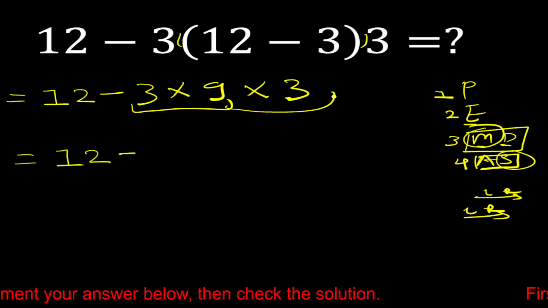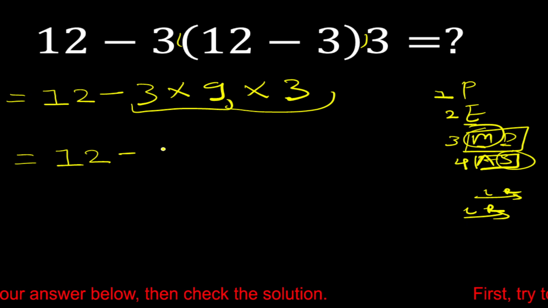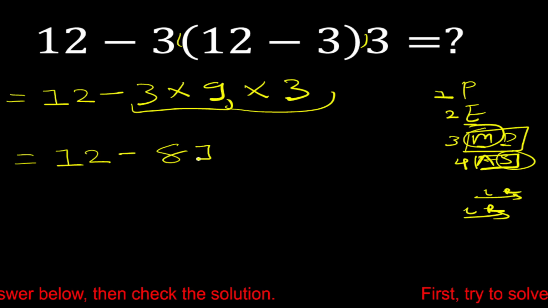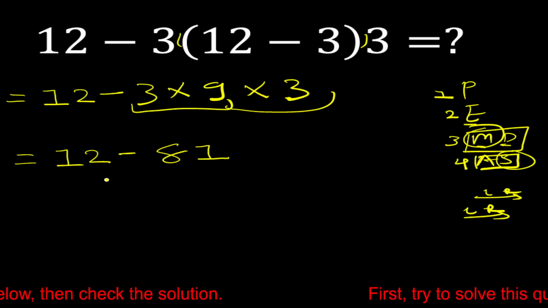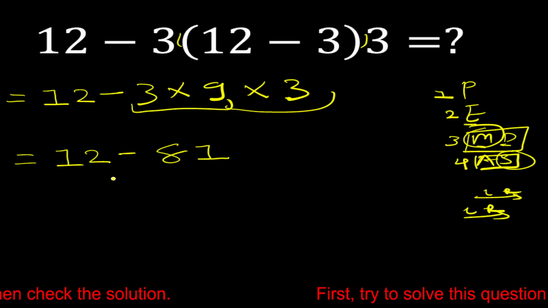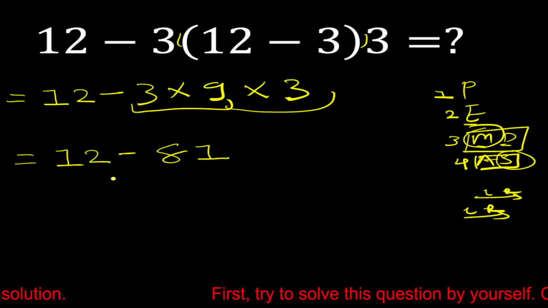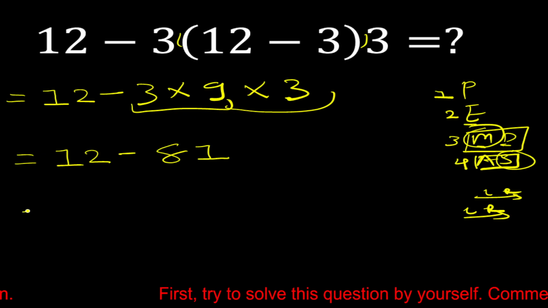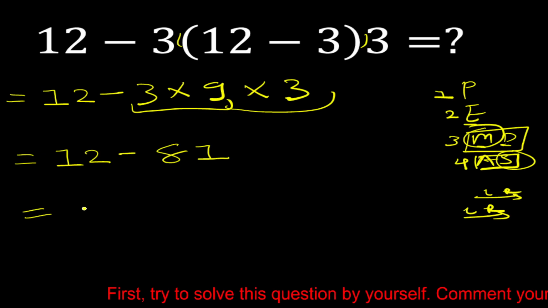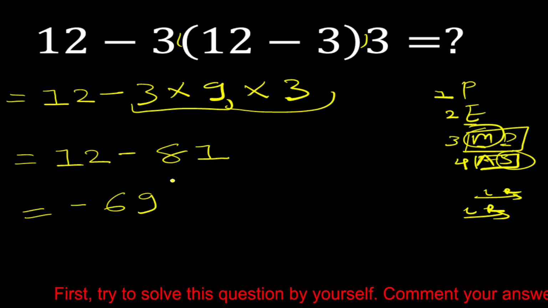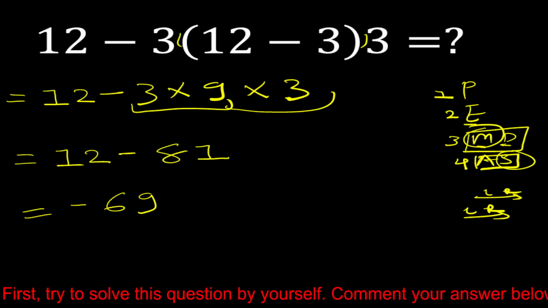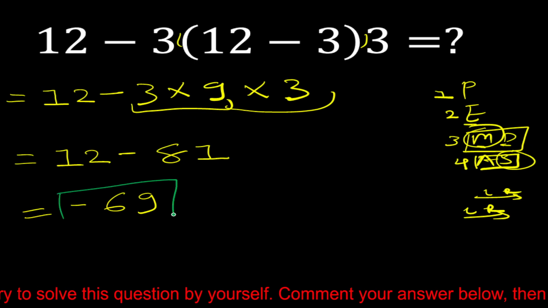So 27 multiply 3 is equal to 81. So 12 minus 81 is equal to minus 69. Okay. So the correct answer is minus 69.